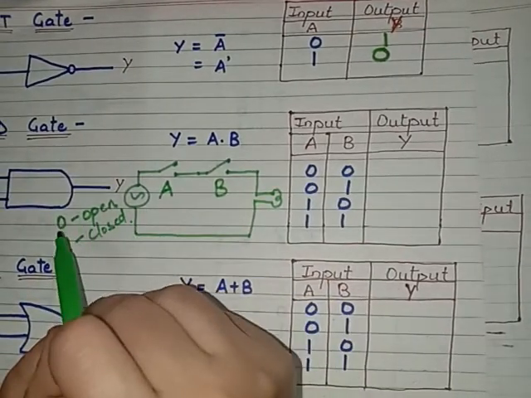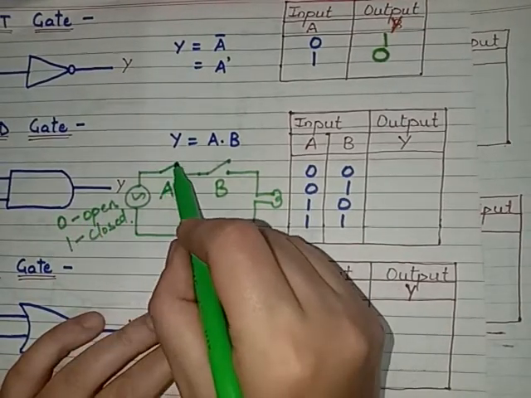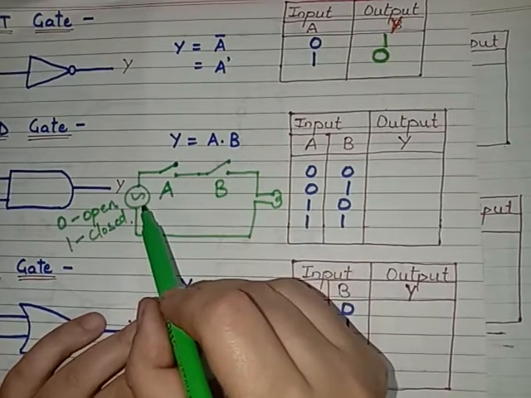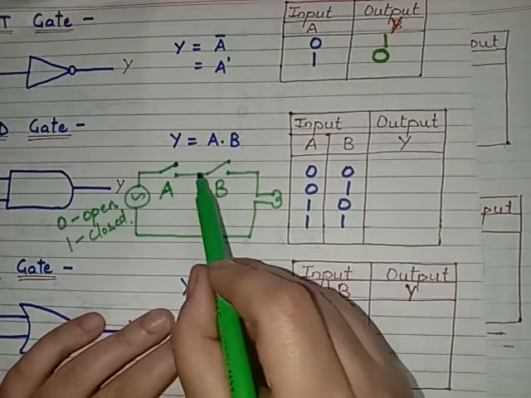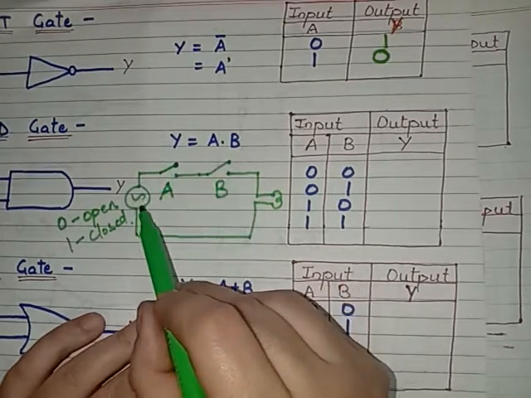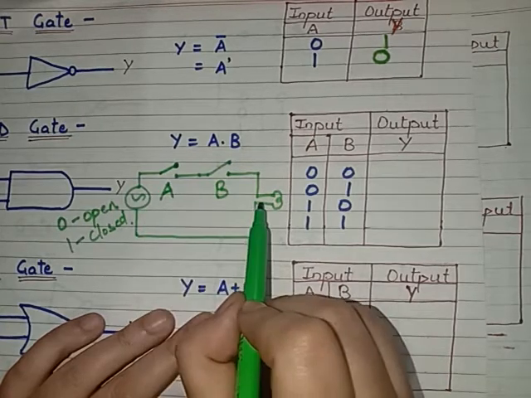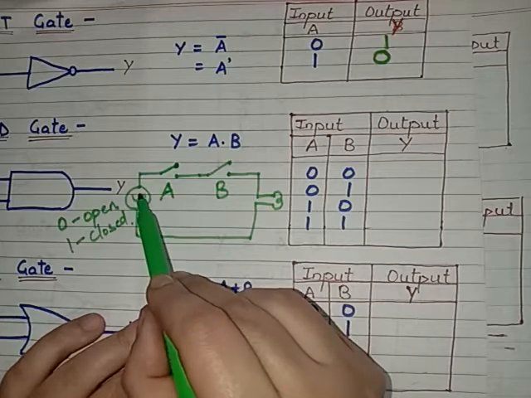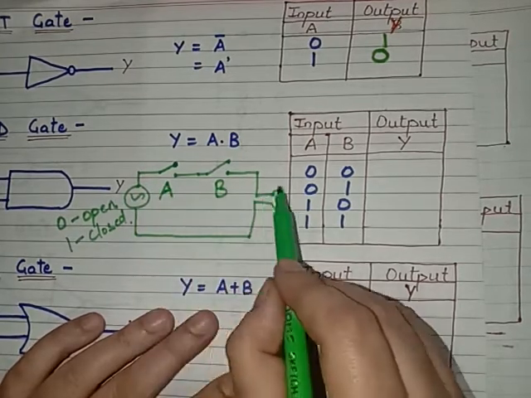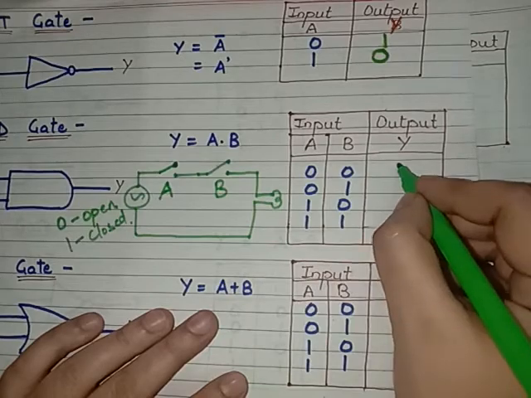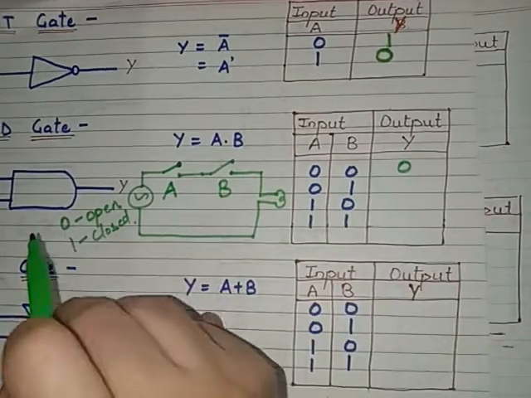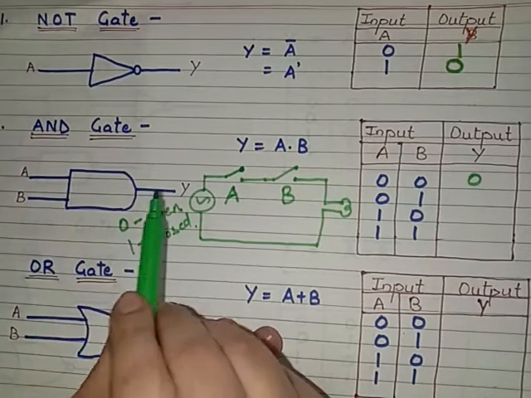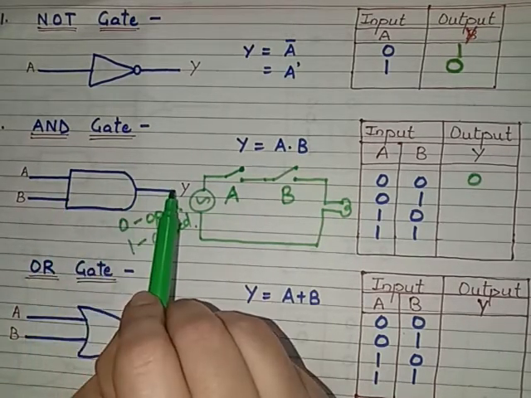Then 0 means open, that means the first switch A is open, B is open, that means we have connected the source with the circuit, but still there is no connection between the source and the load. So basically no current is going from the source to the load, so that means this bulb will not glow. Not glow, that means the output will be 0. That means if we provide 0 0 at both of the inputs of the AND gate, then the output will be 0.